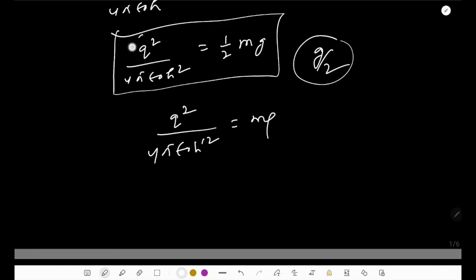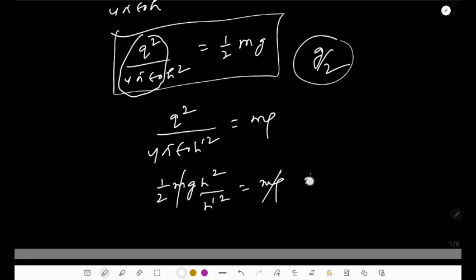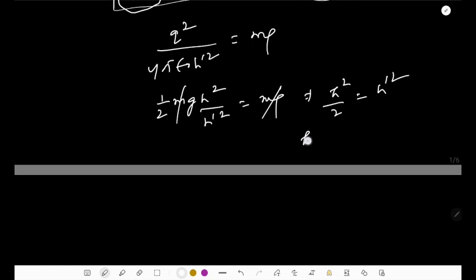If I put q square upon 4 pi epsilon naught equal to half mg h square, then half mg h square divided by h dash square equals mg. From here, h square by 2 equals h dash square, so h dash is simply h upon root 2. This is one of the observations we will need.